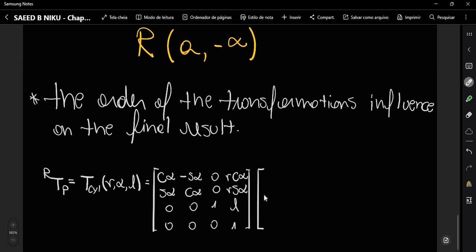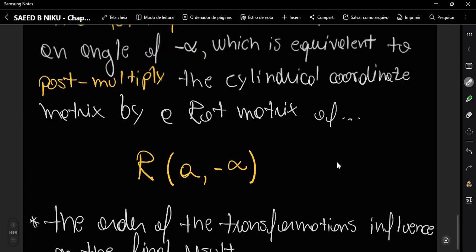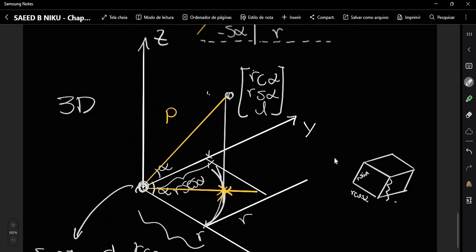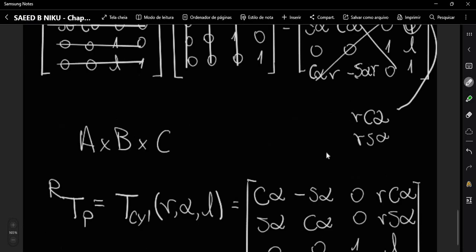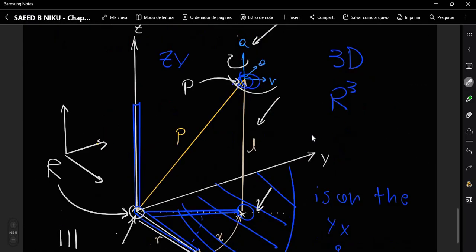And to write this matrix, we have to do another analysis. And it's very easy. As you can see, let me draw right here, very small. Because this reference frame's axes are pointing on a direction which is equal to this axis x, y, and z.